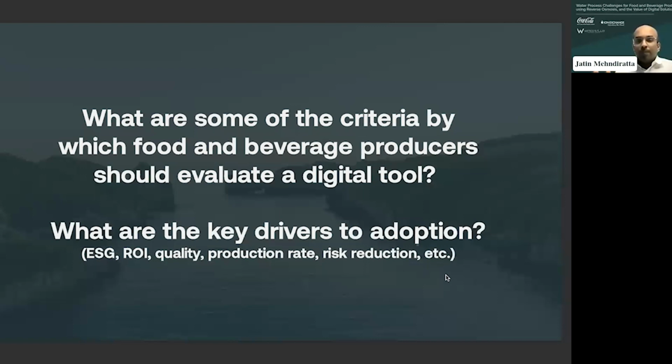When you are evaluating a digital tool, that okay, this solves this particular problem, this brings in data integrity, this gives you a lot of data to understand, what are some criteria food and beverage producers keep in mind while evaluating a digital tool? And similarly, when you evaluate multiple service providers in the market, what do you keep in mind while doing that?